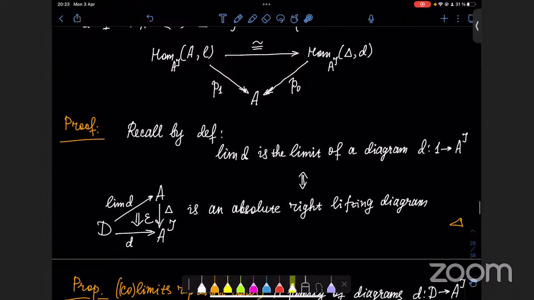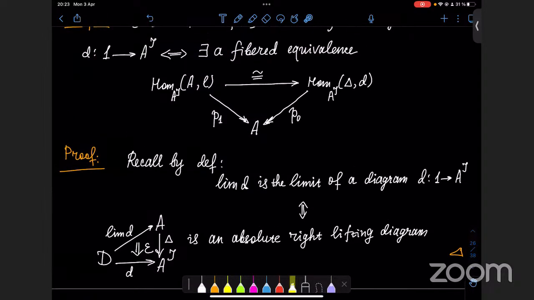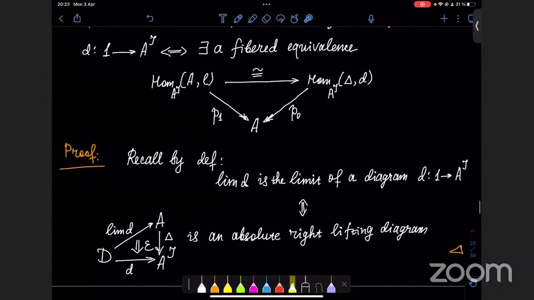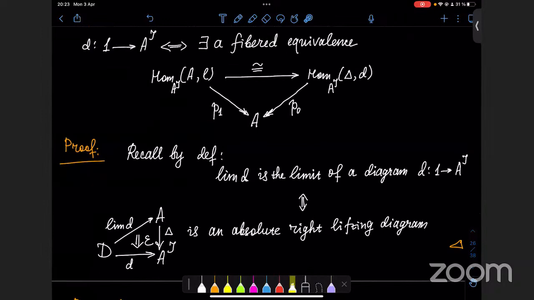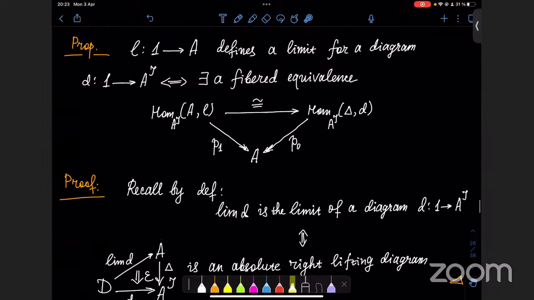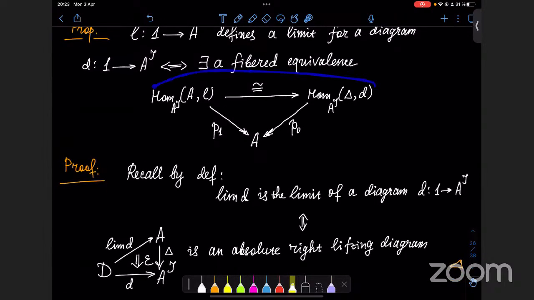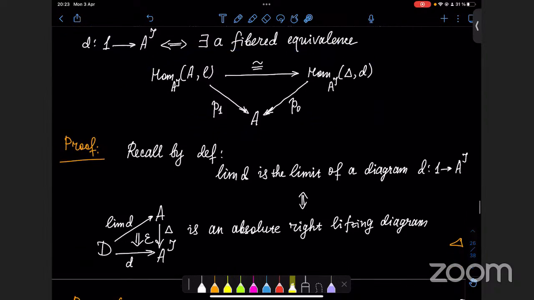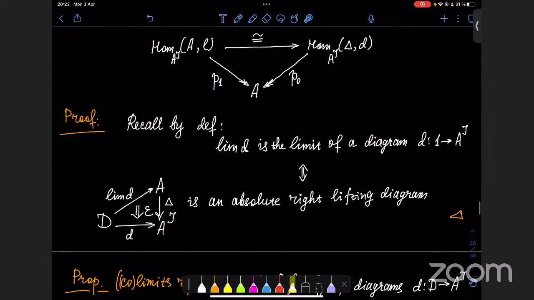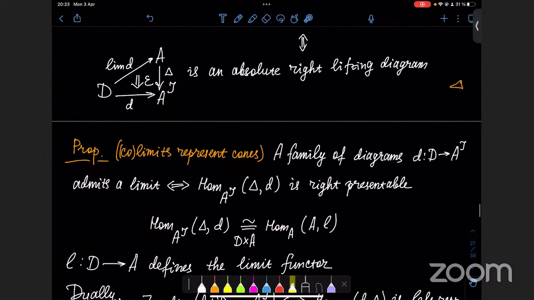Applying the main result, just the first theorem, implies that we will have the following fibered equivalence.